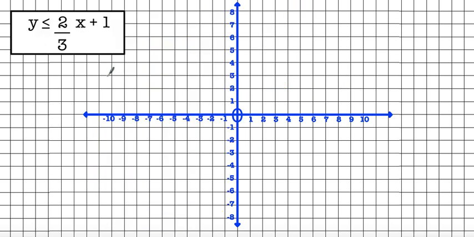So here we have another example. y is less than or equal to 2/3 x plus 1. The first thing we do is graph this as we normally would. 2/3 in this case is our slope, and 1 is our y-intercept.